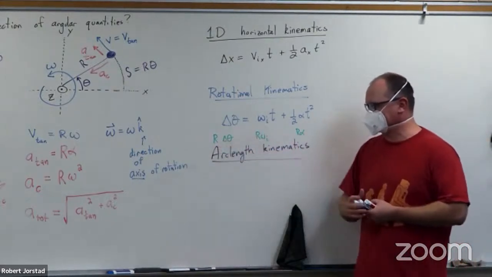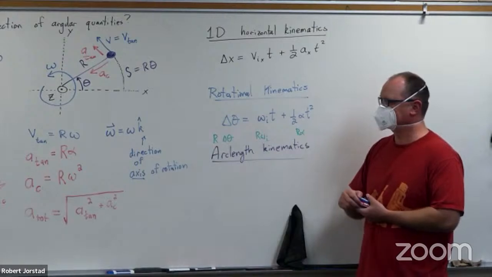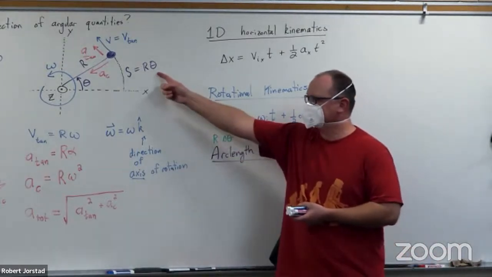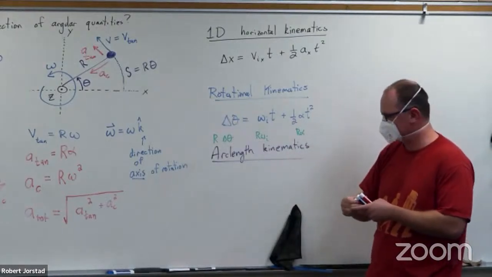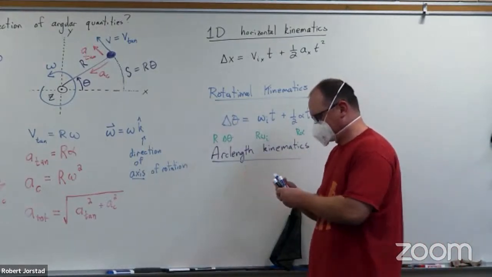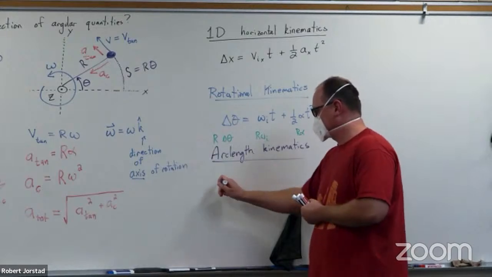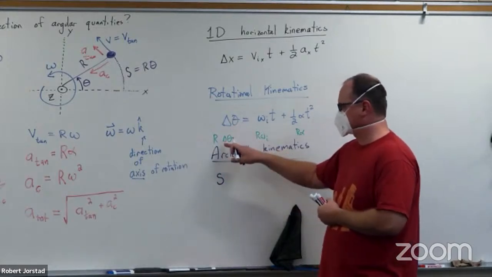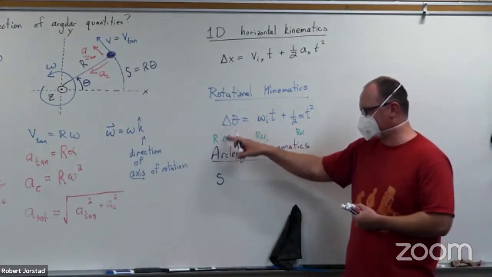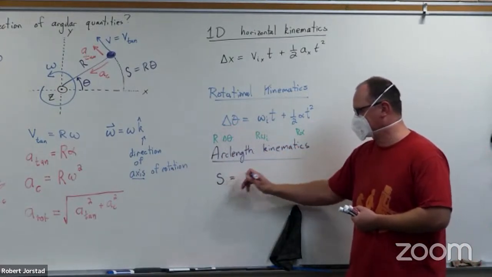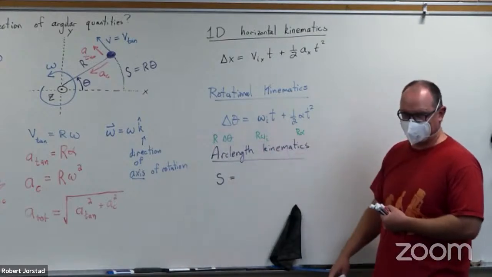R times delta theta is arc length, S. If we multiply everything in this equation by r, this first term would become arc length. What's r times omega?